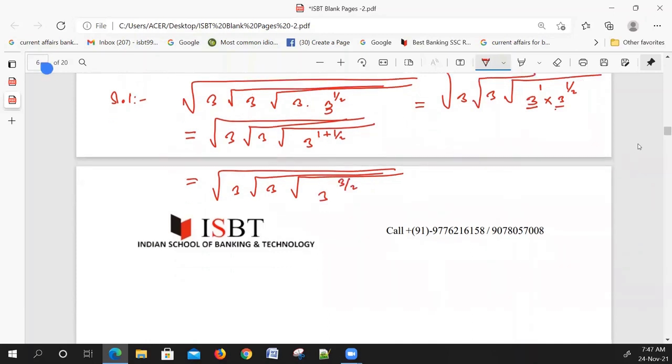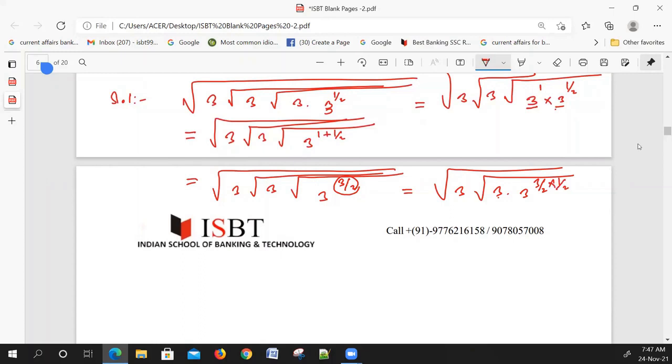Then it can be written as the next step √3 to √3, इसका रूट ओवर क्या सोचता है 3 to the power 3/2 into 1/2, because we omit the third square root.